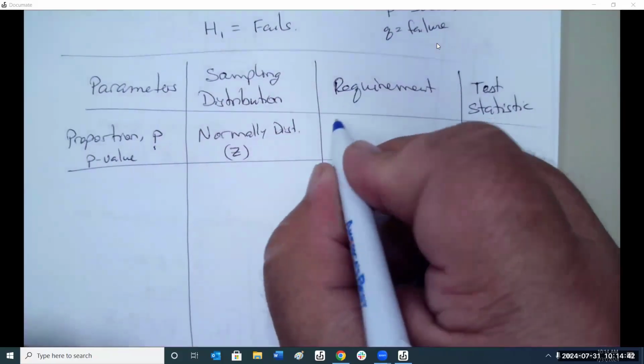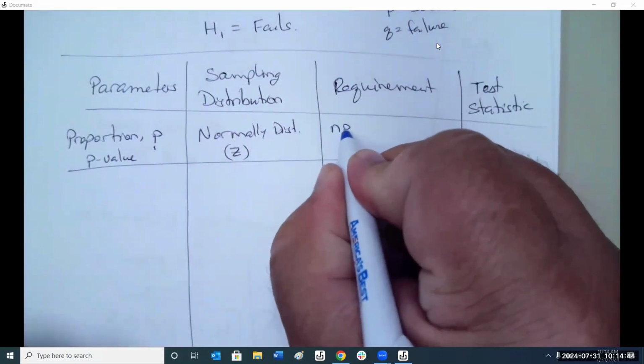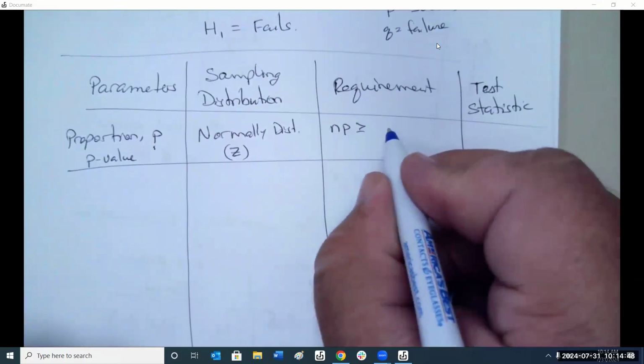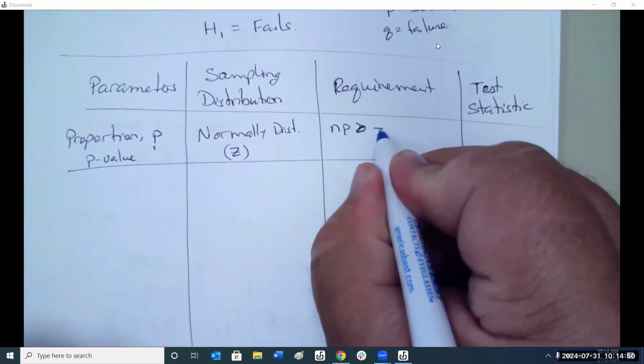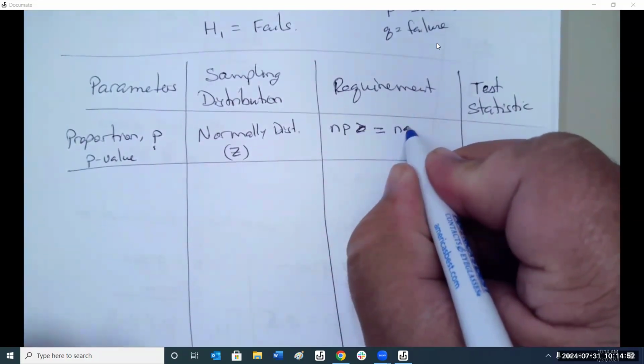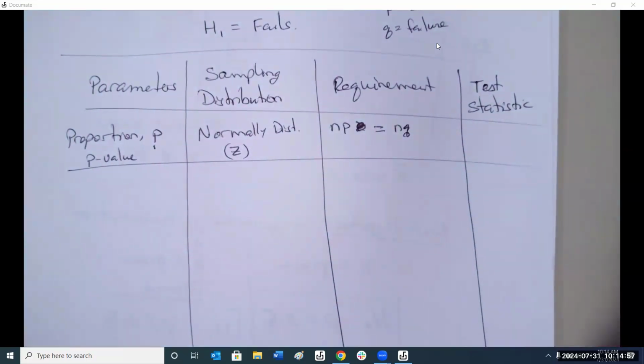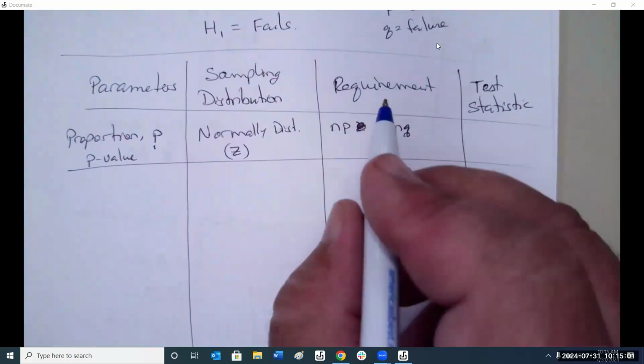So the requirements are that the probability of success has to equal the probability of failure. Or not, it doesn't have to, but there has to be a correlation.